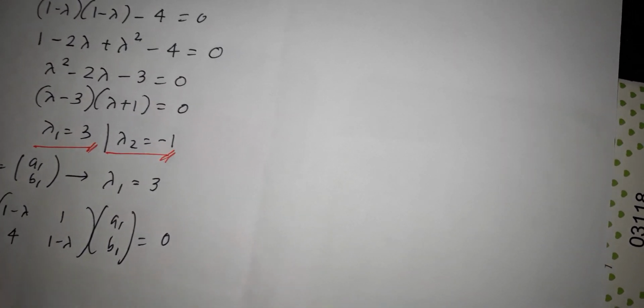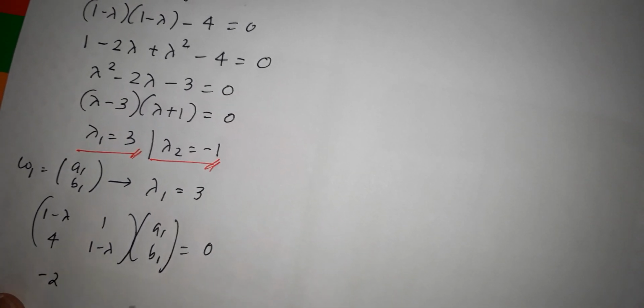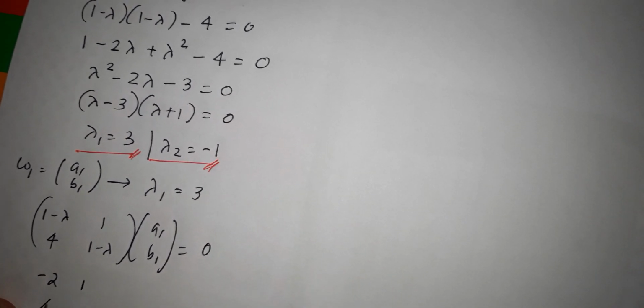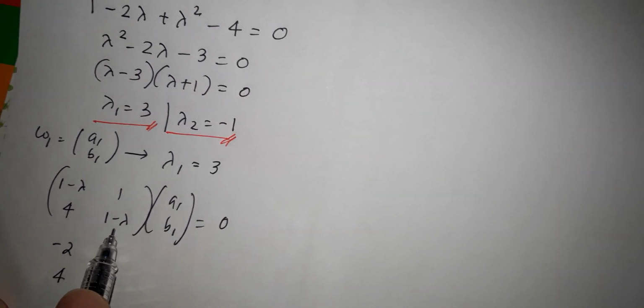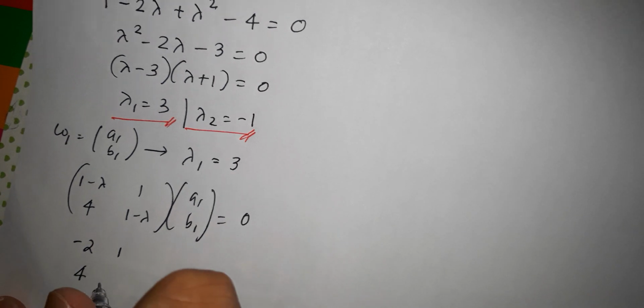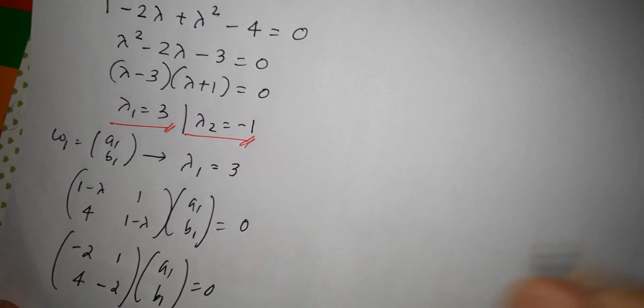Then, subtract na natin yung 3. So 1 minus 3 is negative 2. I have 1, 4, 1 minus 3 is negative 2. a1, b1 is equal to 0.